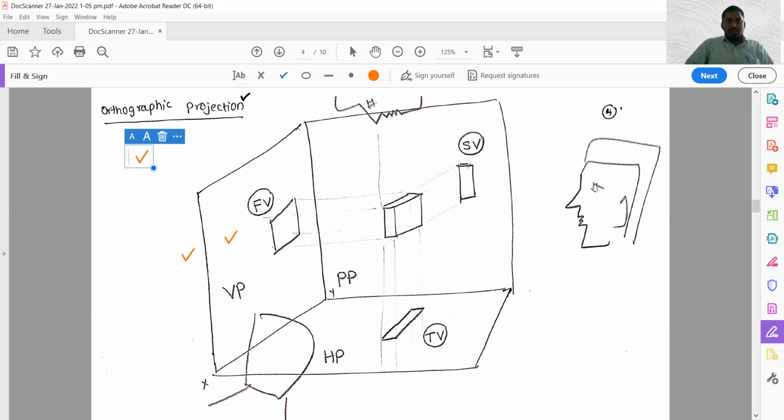This is the vertical plane. Vertical plane means it is straight and in the regular direction to the observer. The plane which is in the regular direction to the observer is called the vertical plane.